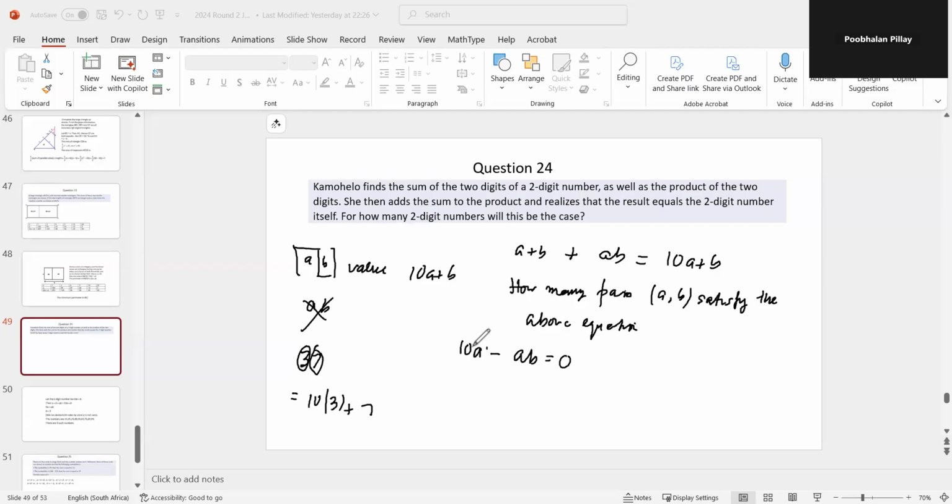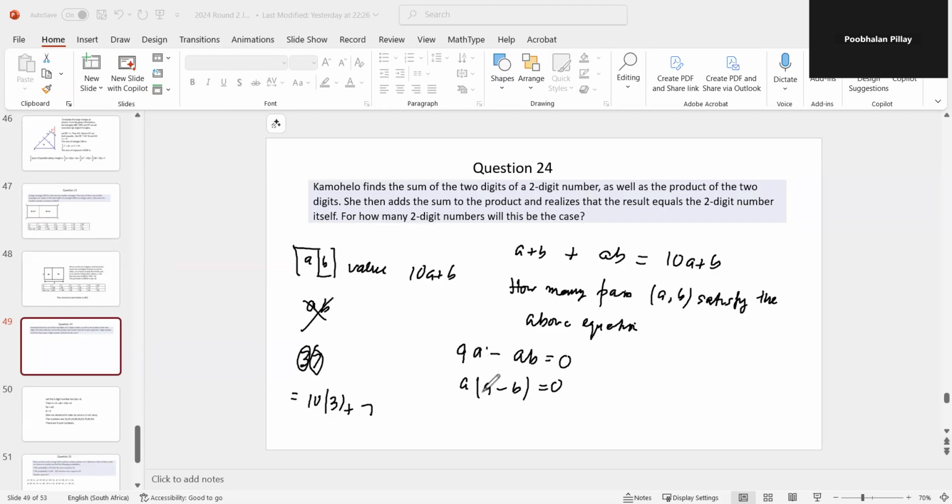So this is the equation you have, and you see A is a common factor. So A times (9 minus B) is equal to 0.